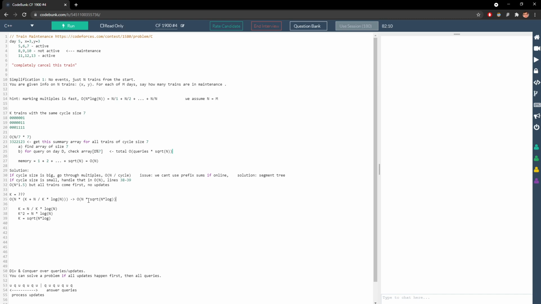In square root solutions where you do something else for big and small values, almost always both those parts will have some time complexity, even if they have the same time complexity but different constant factors. It might mean it's optimal to choose some slightly different boundary for small versus big. And during contests, especially those with full feedback, what you can do is also just submit with multiple possible values of k, especially if you're running out of time.